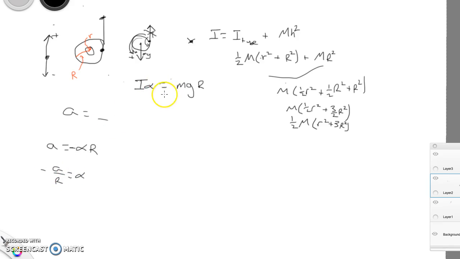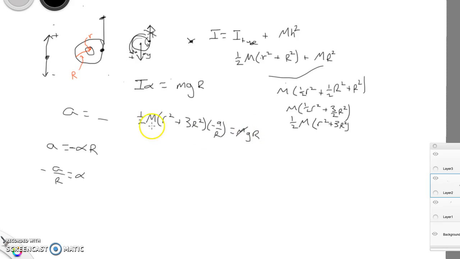So I'll put both of these in. So we have 1/2 big M times r squared plus 3 times big R squared times negative a over r equals mg r.